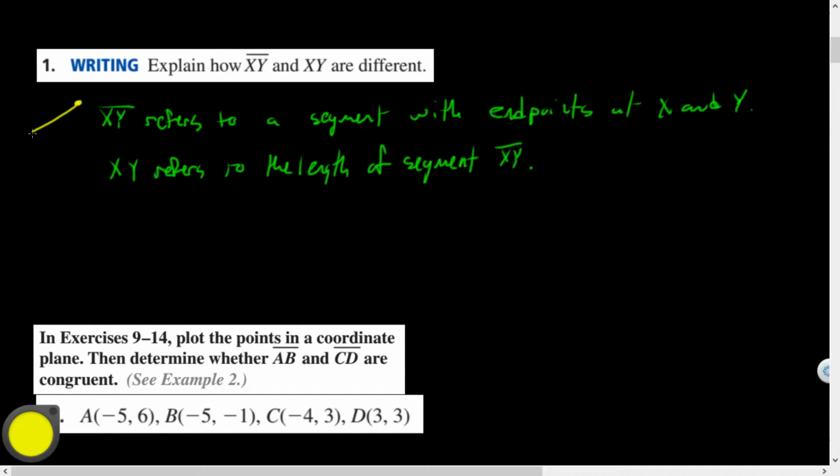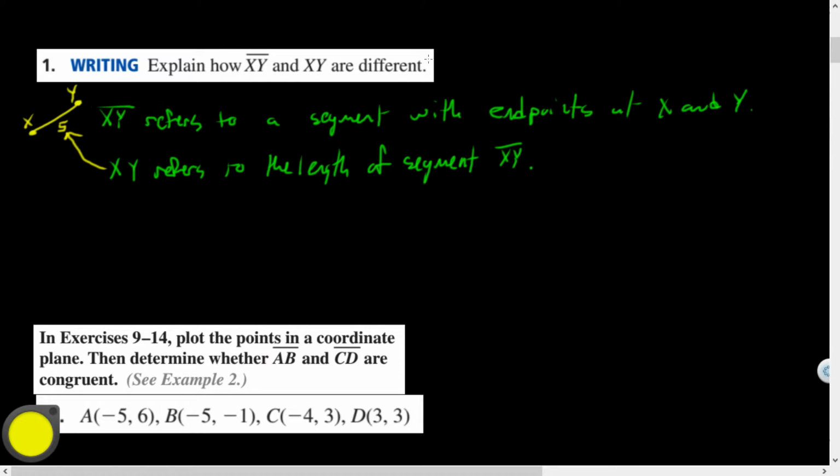Segment XY would refer to the diagram, the sketch, the segment itself, the picture, if you will. Whereas XY here, without the bar over it, is referring to a numerical value regarding its length or distance from those 2 points. So that's kind of the big idea at play there.